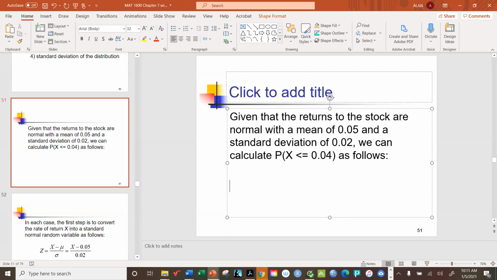Okay, so remember, X is used for the normal distribution, but Z is reserved for the standard normal. We don't have the standard normal here, so we'll use the X.